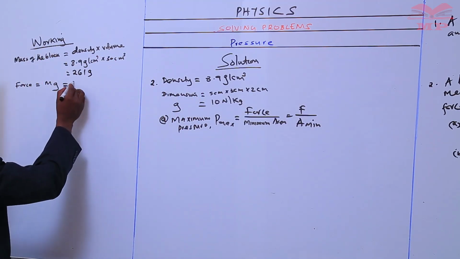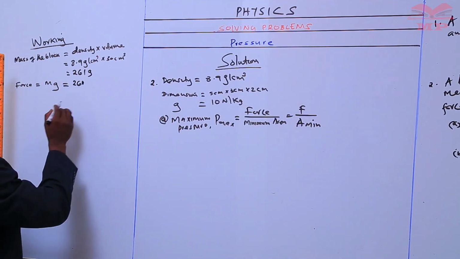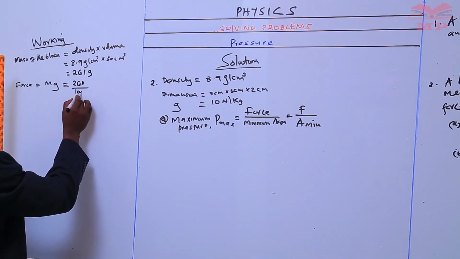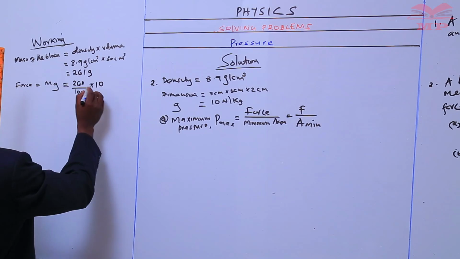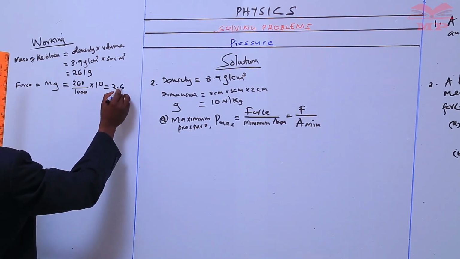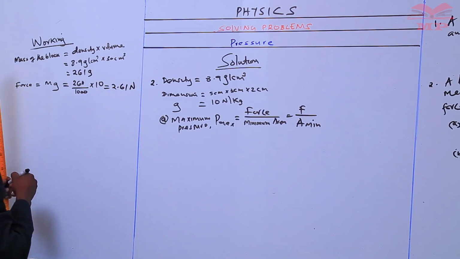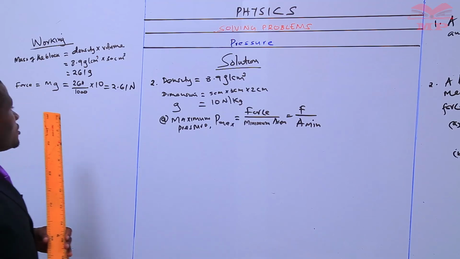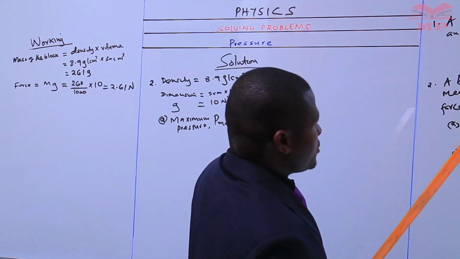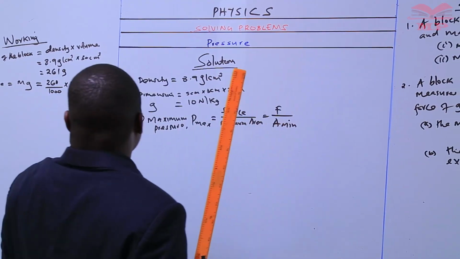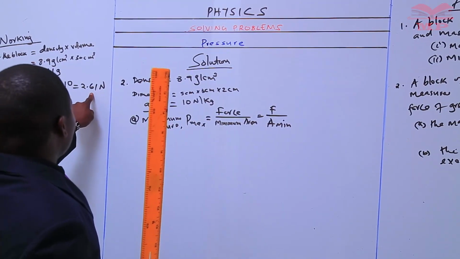So I have 261 over 1000, then times 10. This is 2.61 newtons. It will give me 2.61 newtons. This is force.